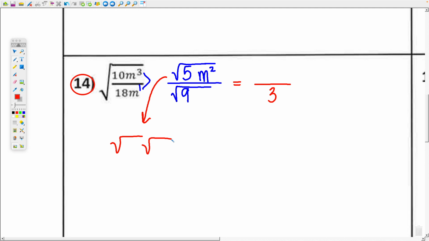What's perfect goes in the first, what's not goes in the second. 5 is not a perfect square. It can't be split. But m squared is a perfect square because I need multiples of 2, and that's a multiple of 2. So that means this will become m. This will stay in the radical.